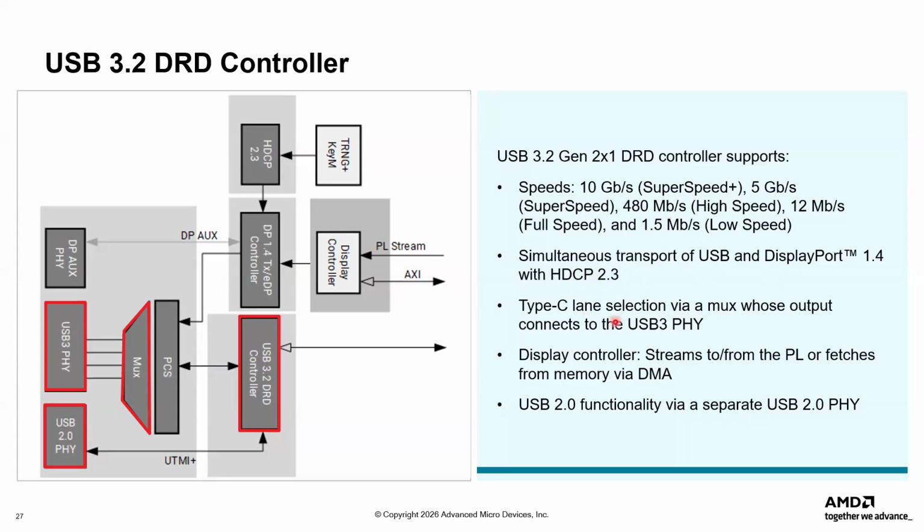You had Type C lane selection, and this is one of the reasons that they're moving to DisplayPort, so you don't have to have HDMI connections. You can just use Type C USB connections. The display controller itself streaming to or from the PL, and then there's also a USB 2.0 functionality, and that is used through a separate PHY.